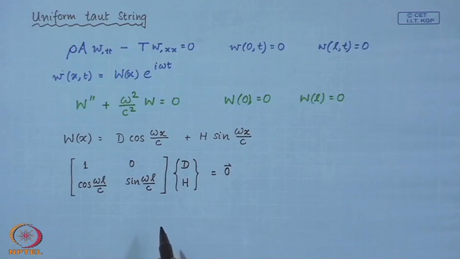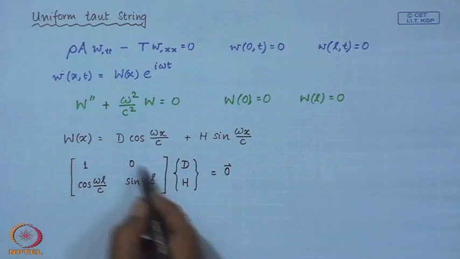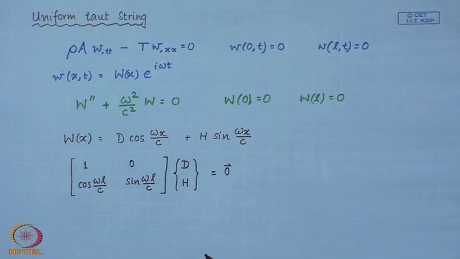Now, if you want to have non-trivial solutions of D and H, which is what we desire, then the determinant of this matrix must vanish.